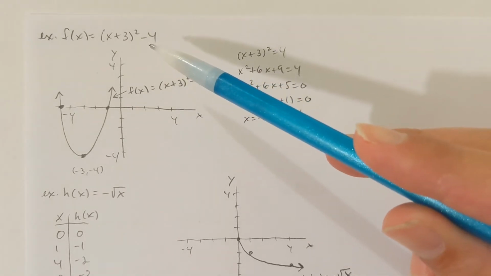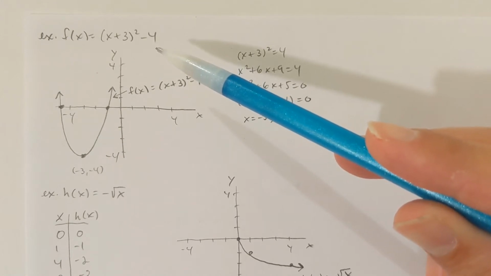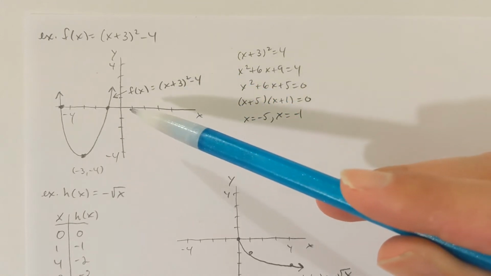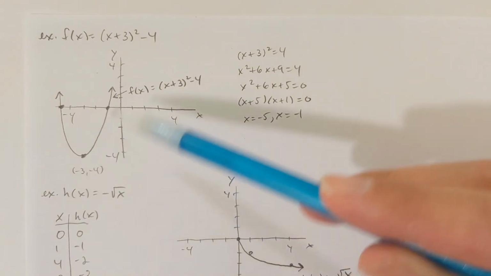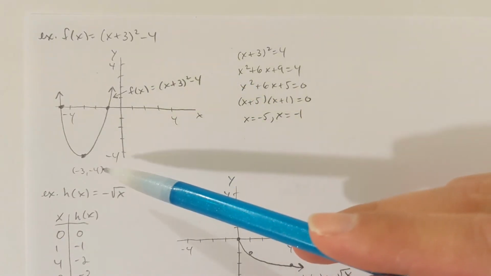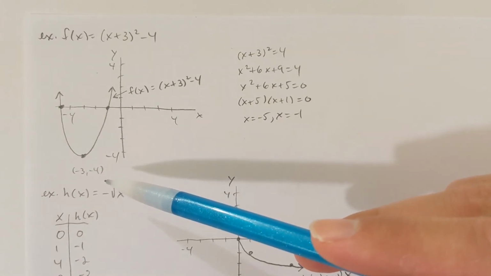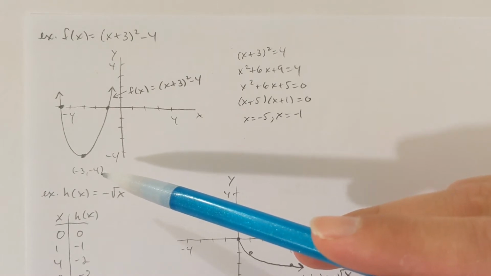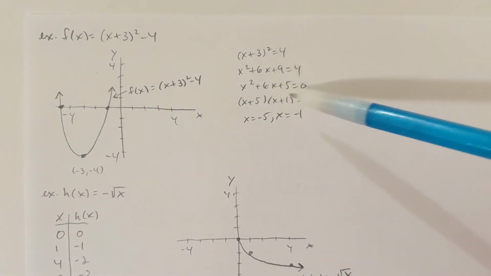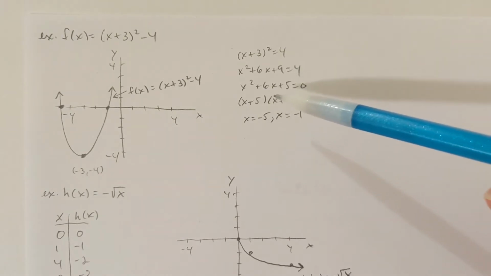The x minus negative 3 means I'm shifting to the left 3 units. And the minus 4 means I'm shifting down 4 units. So the vertex is at negative 3, negative 4. And I've found the intercepts as well.